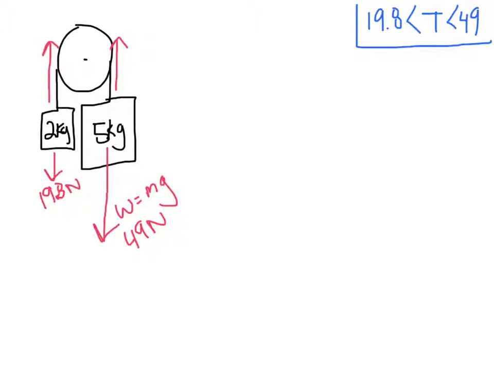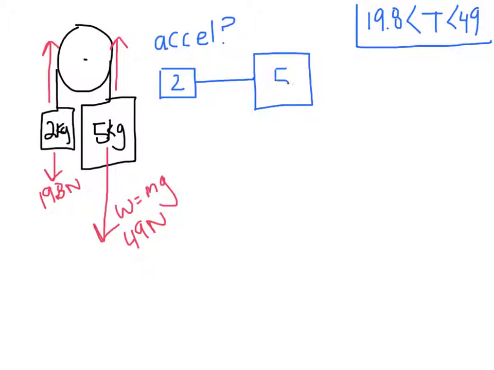So when trying to find the acceleration, we're going to consider the object being accelerated to be something like this. We have the 2 kilogram mass attached via a string to a 5 kilogram mass, and this entire thing is accelerating like this.